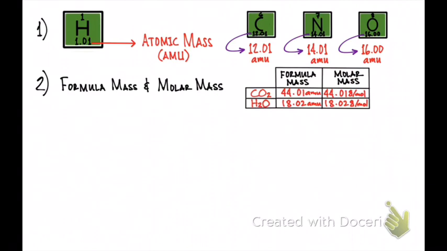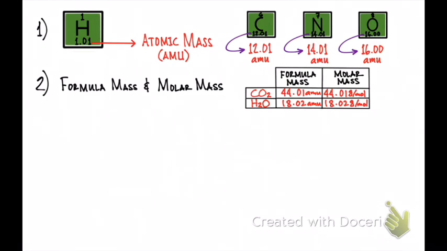In the previous lecture, you were able to calculate the formula mass and the molar mass of carbon dioxide, water molecule, and some other compounds. It's as simple as looking at the individual atomic masses of the elements in that chemical formula. For carbon dioxide, you have one carbon and two oxygen atoms.